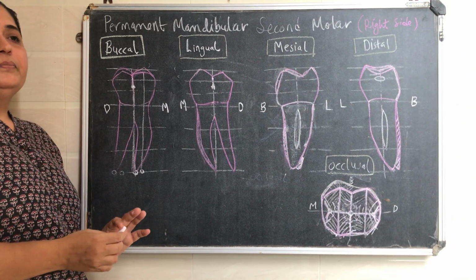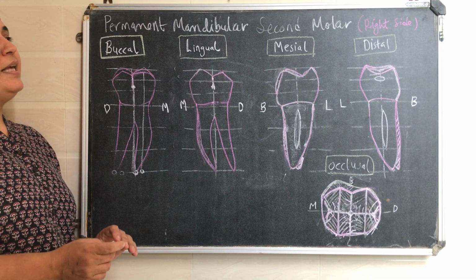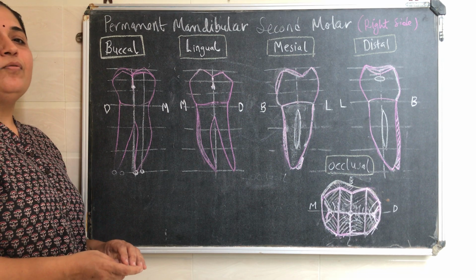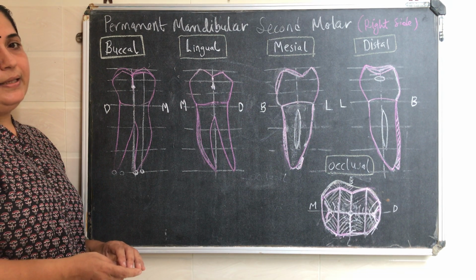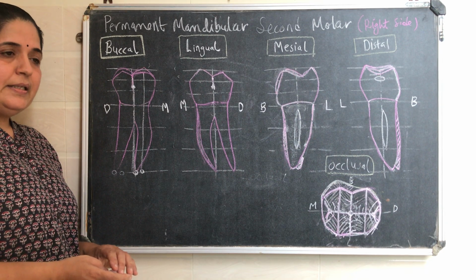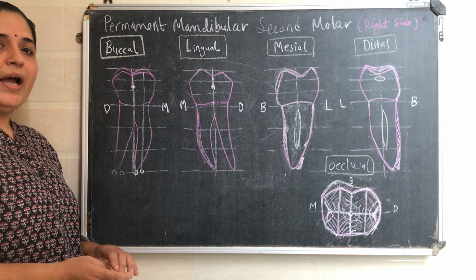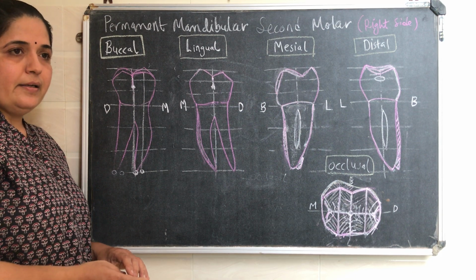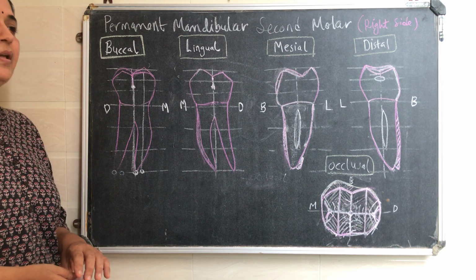In the majority of cases, the third molar resembles the second molar, that is, having 4 cusps and 2 roots, mesial and distal root. Right? But in some cases it may resemble the first molar, that means having 5 cusps, 2 buccal cusps, 2 lingual cusps and a distal cusp, and 2 roots, mesial and distal.